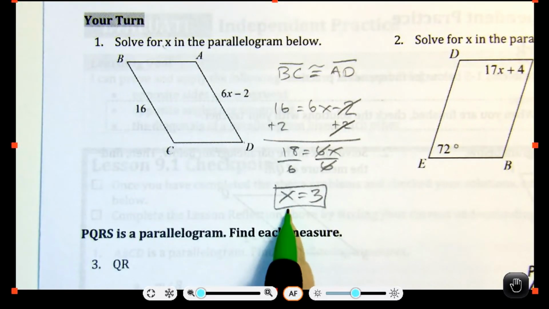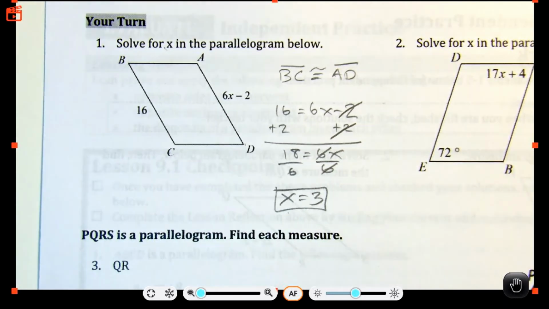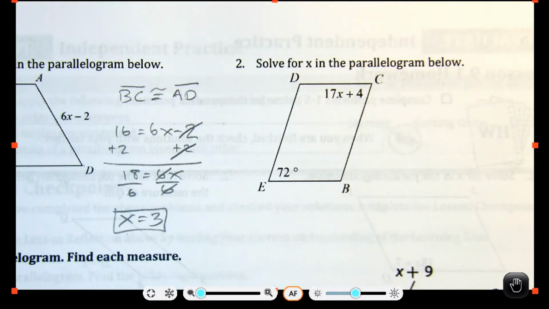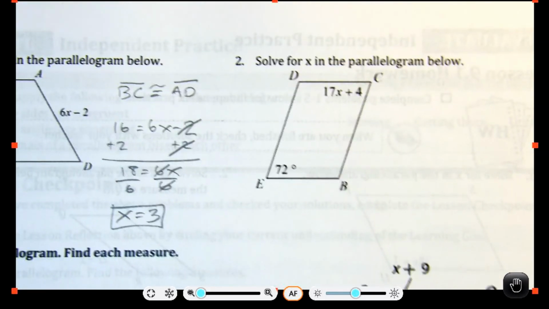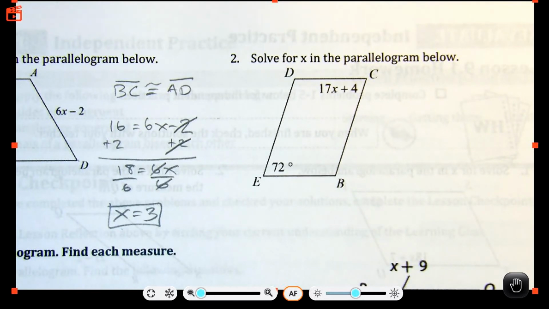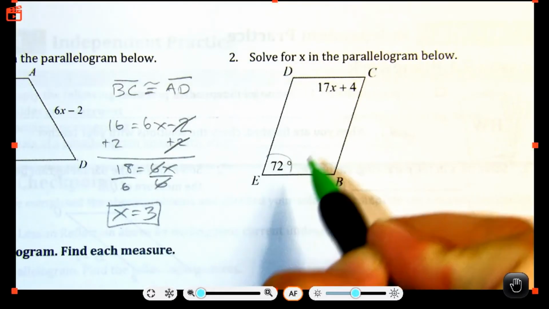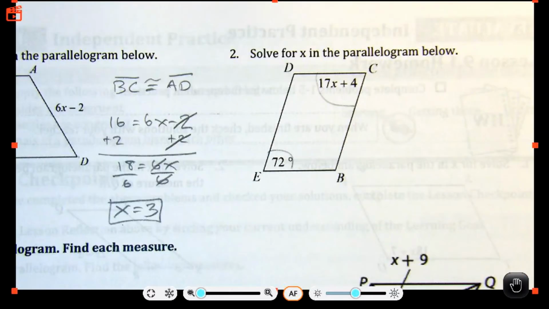Okay, next, number 2. We want to solve for x again, and this one involves angles. So we have angle E is 72, angle C is 17x plus 4. As you guys are doing these problems, I want you to pause these videos and attempt these on your own, and then play to see the correct answer.